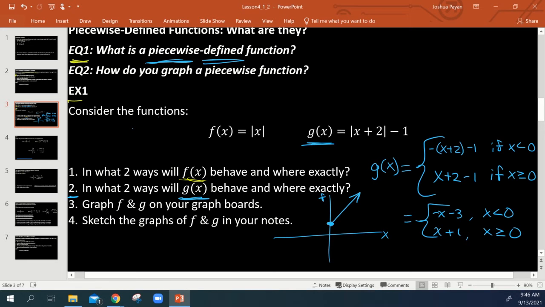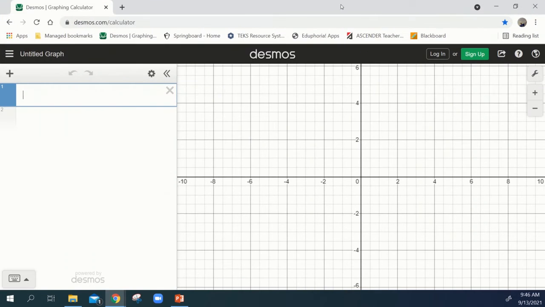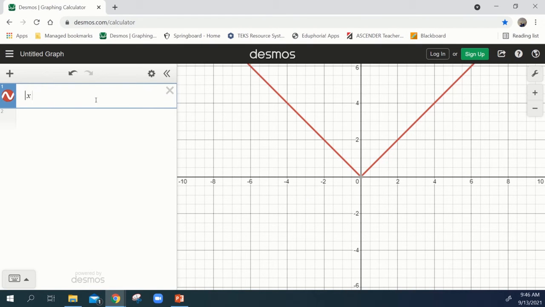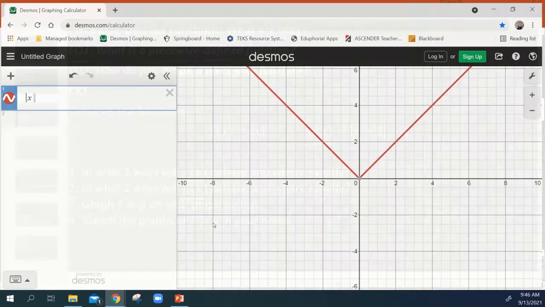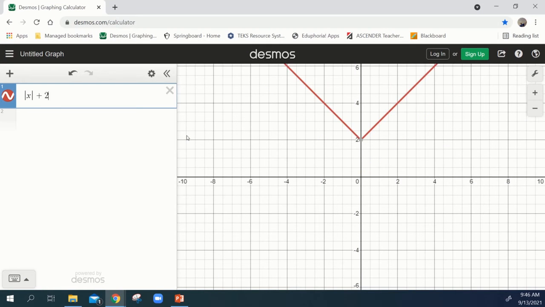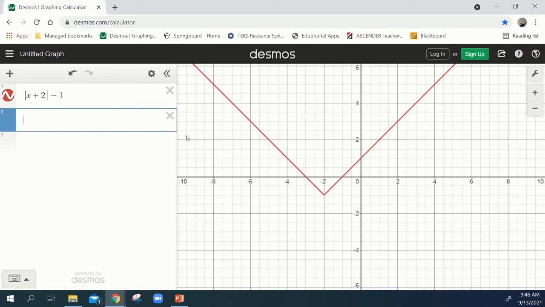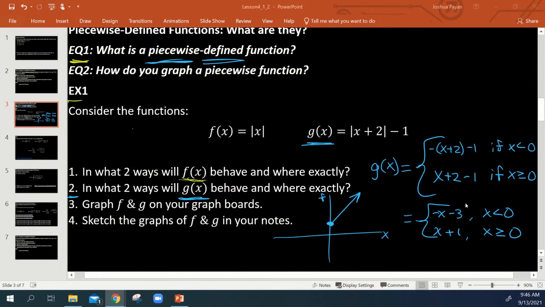So let's look at Desmos and see what it's supposed to look like. Because something's wrong. So if I just type this into x, what was it, plus 1? Oh, it's plus 2, and then plus 2 minus 1. So we see that's what it looks like. That's where I messed up. I messed up when I put my y-intercept here.